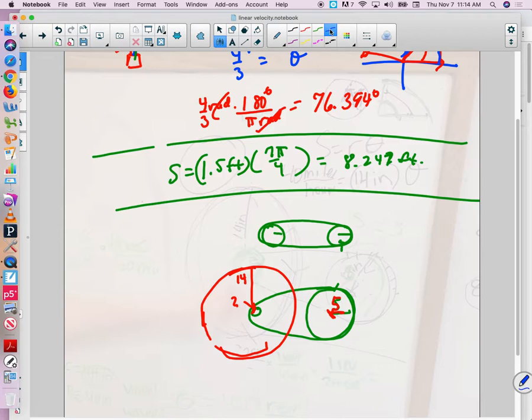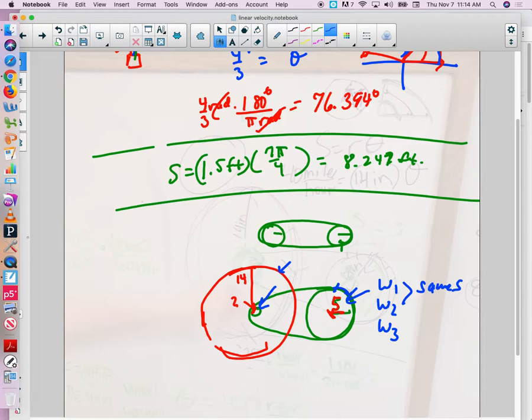These have the same S. Let's call this wheel 1, wheel 2, and wheel 3. As Elena said, wheel 1 and wheel 2 have the same S. Wheel 1 and wheel 2, do they have the same radius?